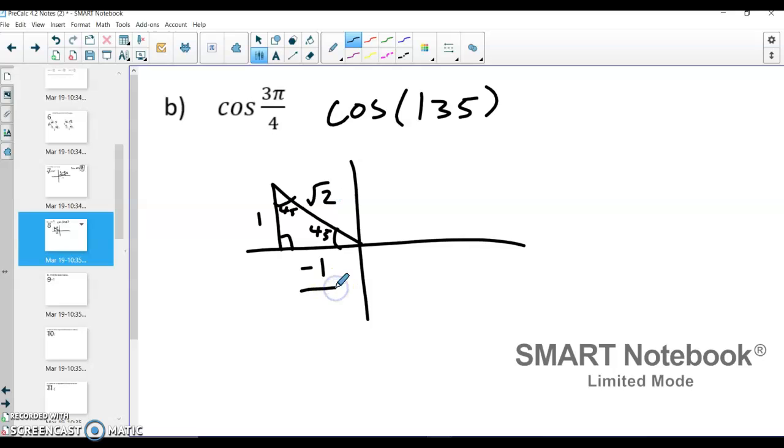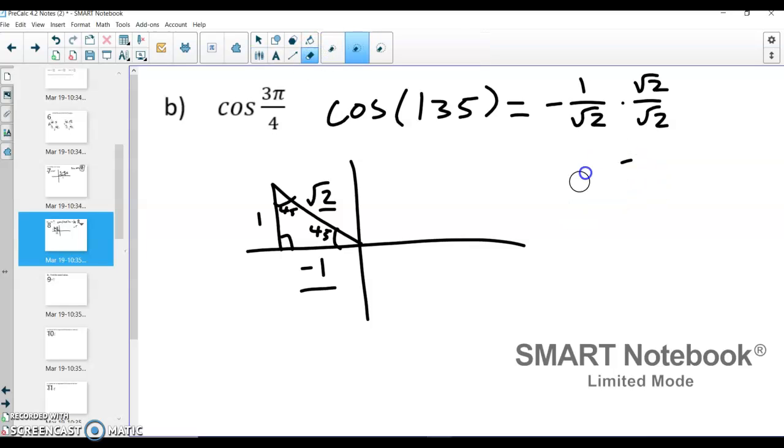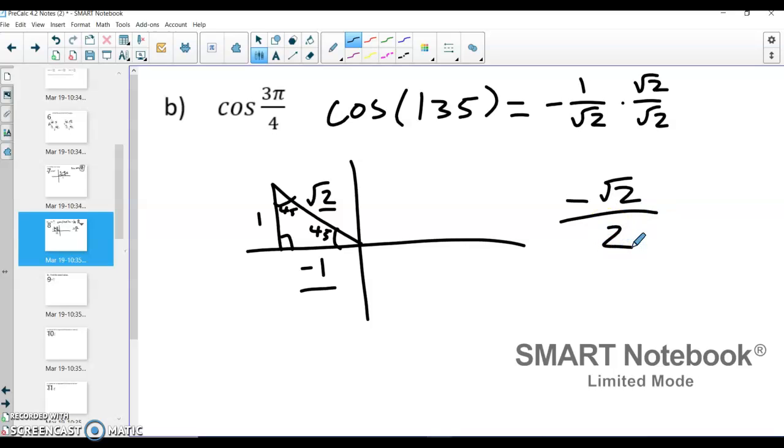So that would be my negative 1 and my square root of 2. So I have negative 1 over the square root of 2. I need to rationalize the denominator, meaning I need to multiply top and bottom by the square root of 2, so that this becomes the negative square root of 2 over 2. That's what happens when you rationalize the denominator, because technically we don't really ever want a square root in the denominator. So this is really my answer here.